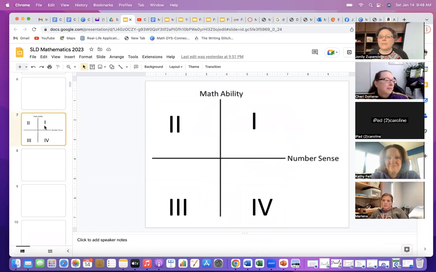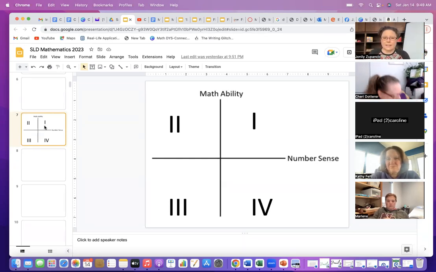So who are we talking about with students with disabilities? I want to lay the groundwork between students who don't have number sense and students who don't have math ability. What you're seeing is a coordinate plane, a graph, a two-dimensional situation that creates 4 types of students.